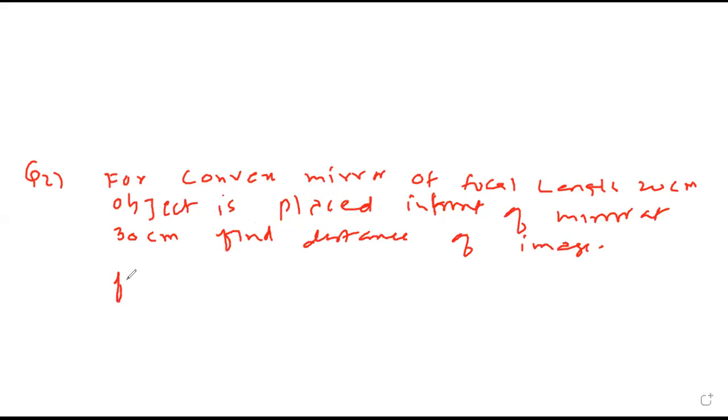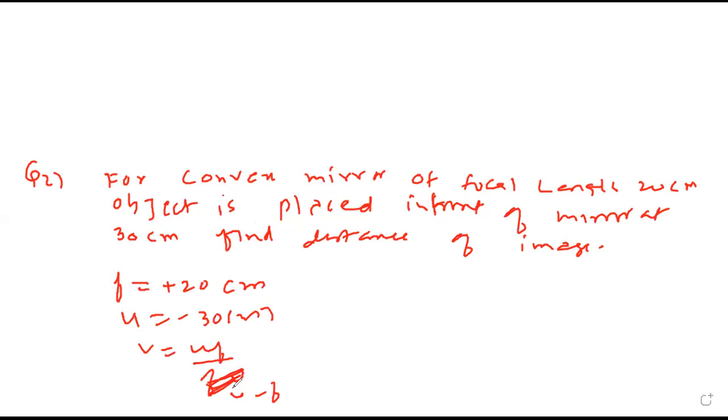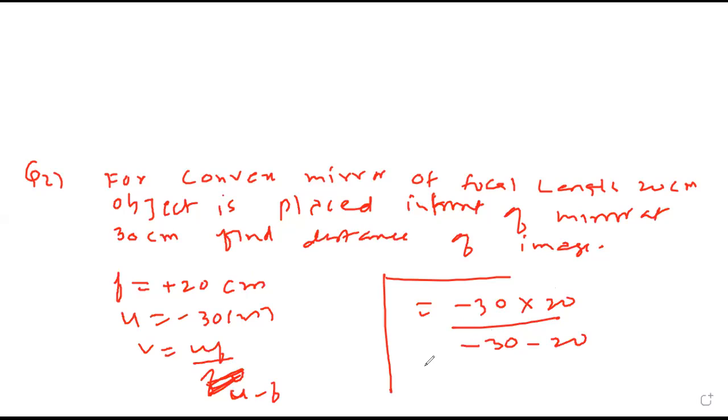Now here convex mirror, therefore f will be plus 20. u is minus 30. Then our v formula is uf upon u minus f. Try this fast. Is f plus or minus? Plus. Correct. So u is minus 30. This is 20 upon minus 30 minus 20.